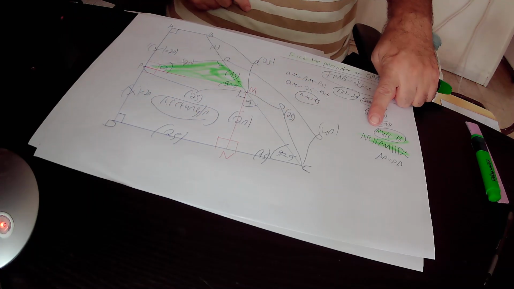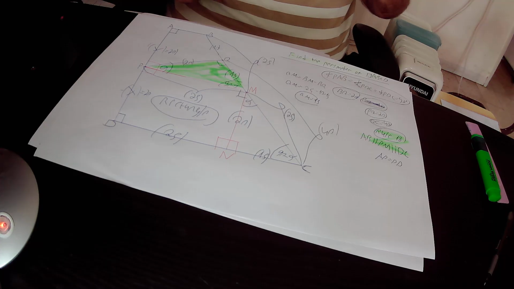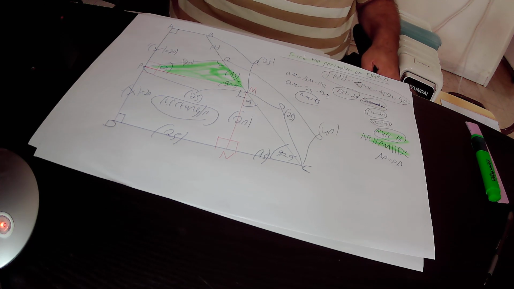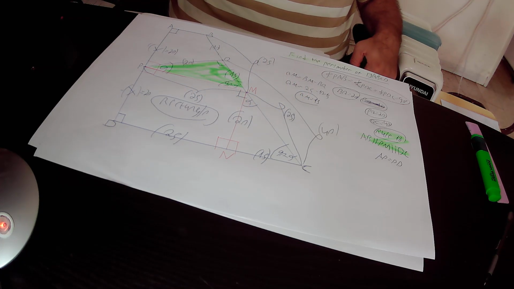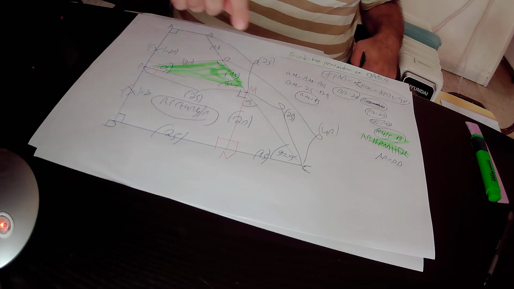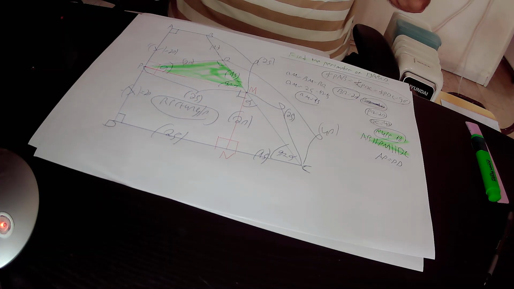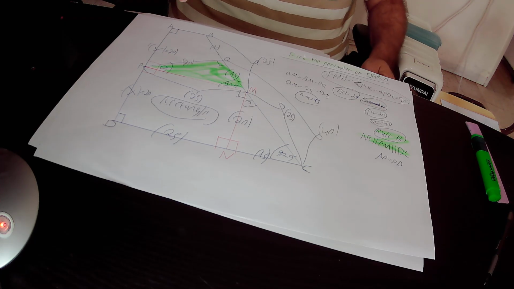Again, AB is parallel to DC according to rule 18, and therefore quadrilateral ABCD is not only a trapezoid, but a right angle trapezoid. Why is quadrilateral ABCD a right angle trapezoid? Because first of all, AB is parallel to DC, and those two angles are both right angles, and therefore quadrilateral ABCD is a right angle trapezoid.